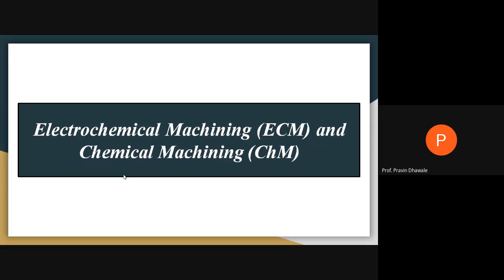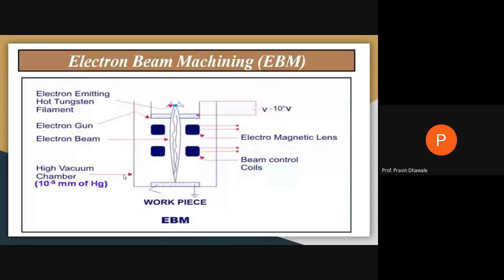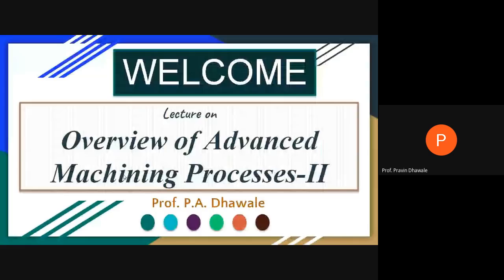In this way, in today's lecture, we have covered the overview of all non-conventional machining processes we have to study under this subject. This is the first chapter we have covered up till now.